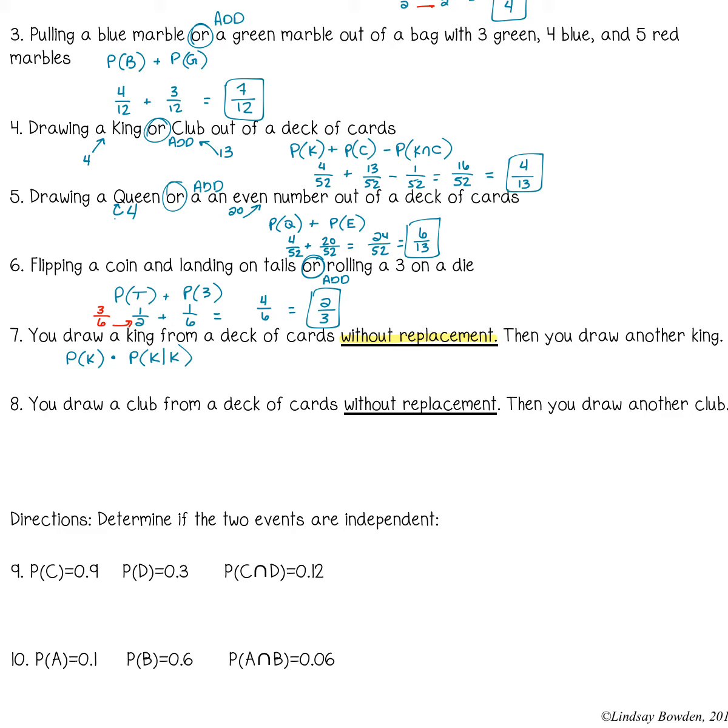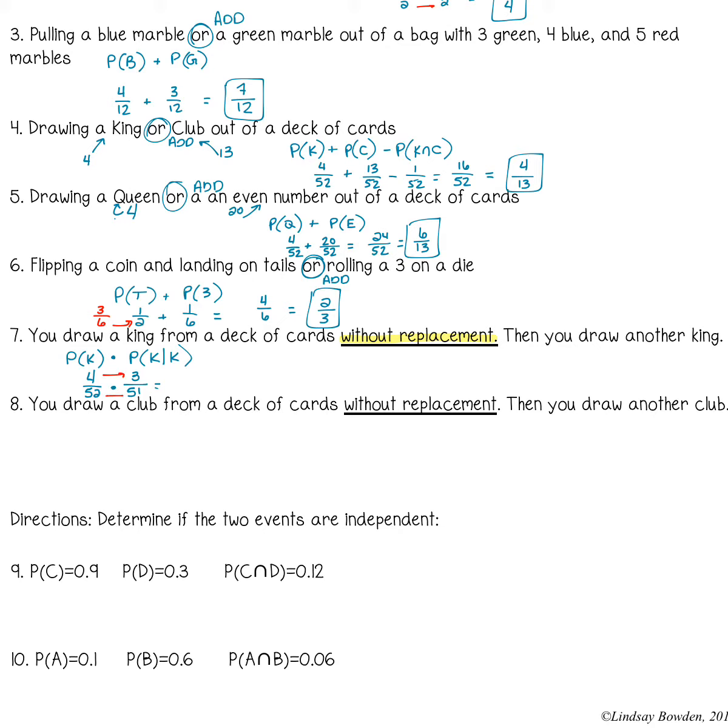So remember, we're going to assume what happened happened. So the probability of king is 4 out of 52. The probability of a king given a king is 3 out of 51, because we already pulled 1, reducing the number of cards in our deck.